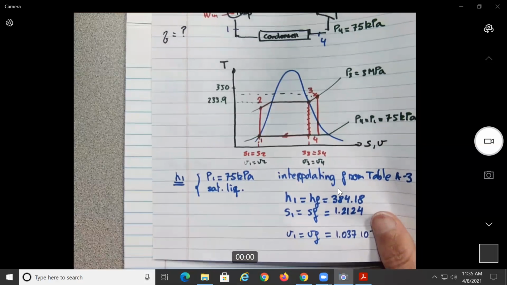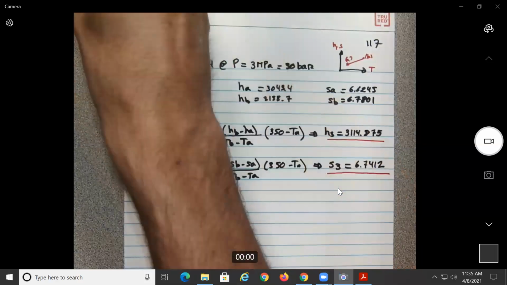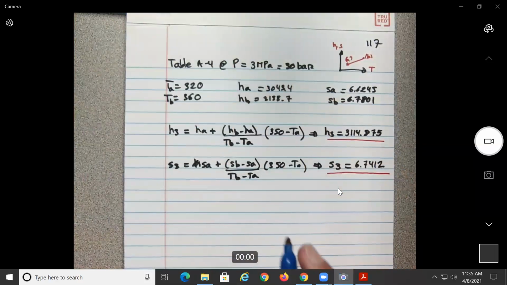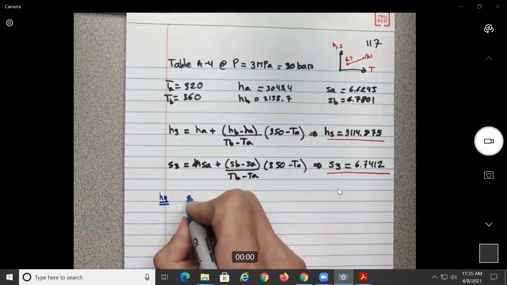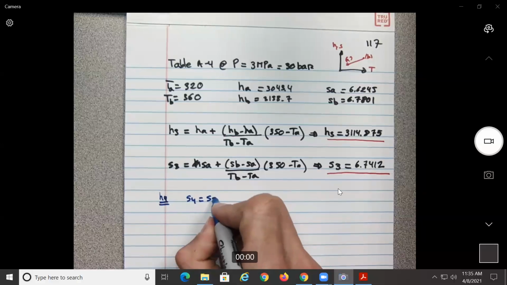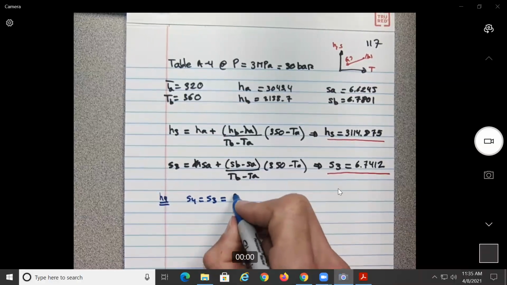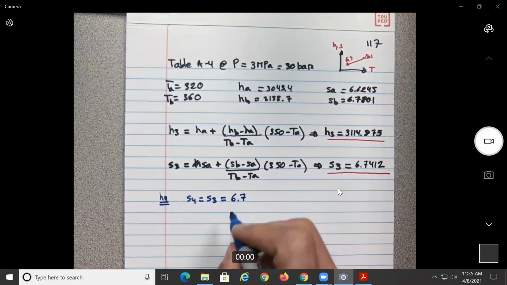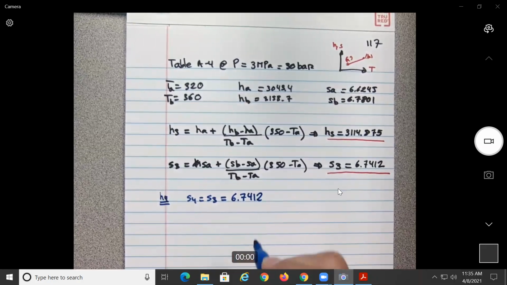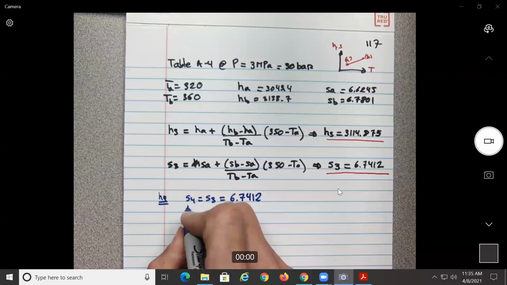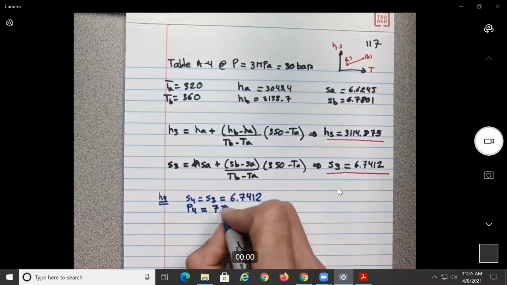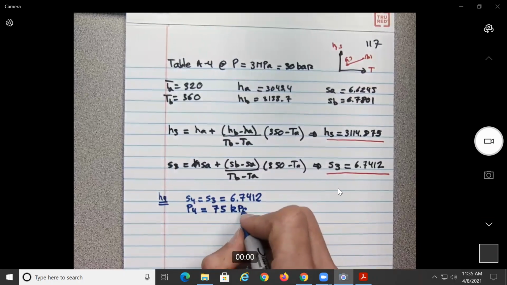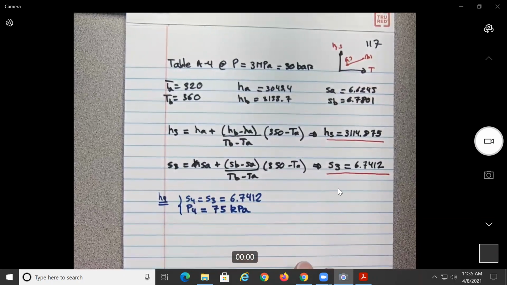So basically, to find H4, we know that S4 will be equal to S3, which is equal to 6.7412. And we know that P4 is equal to 75 kilopascals.